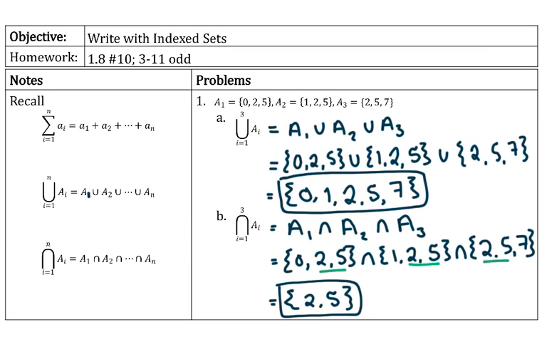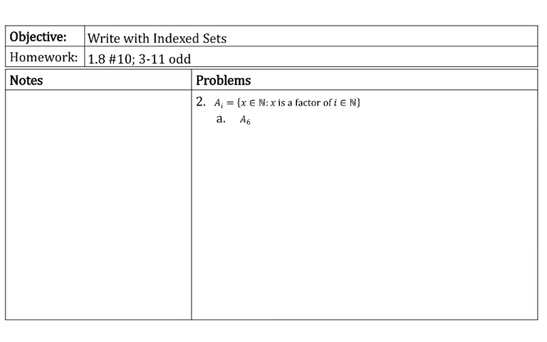As you can imagine, things get a little bit more complicated when you're looking at sets that are defined using these parameters like we have here with set builder notation. So here we have the definition A sub i is equal to x in the natural numbers, where x is a factor of i in the natural numbers. So first let's make sure that we all understand what this set looks like.